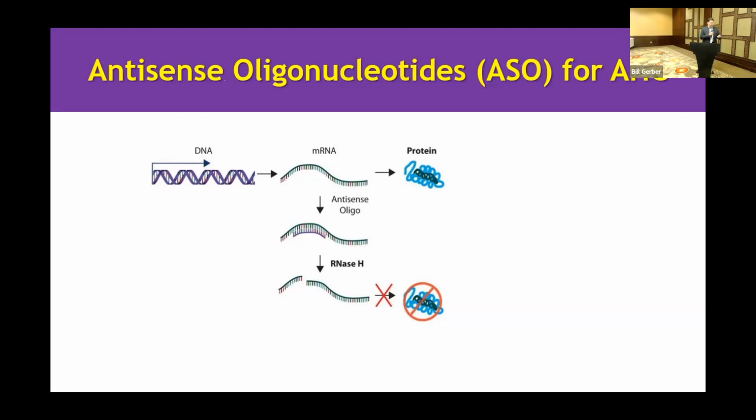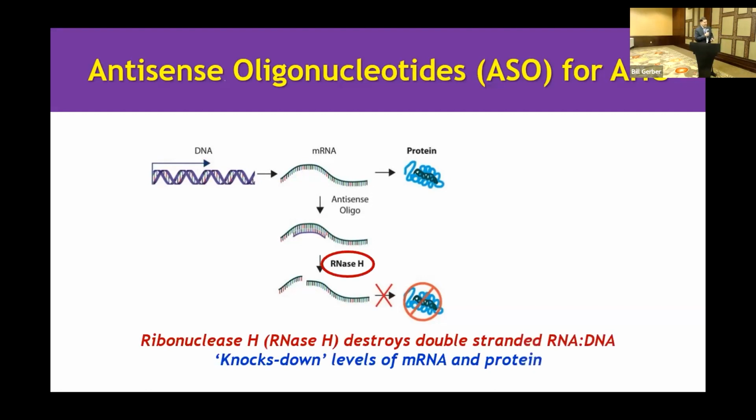This RNA-DNA double helix is destroyed by an enzyme called RNase or ribonuclease H. So this is one of the principles of using antisense oligonucleotides: you target a sequence for destruction. In this case, it would prevent the synthesis of that protein in the cell.